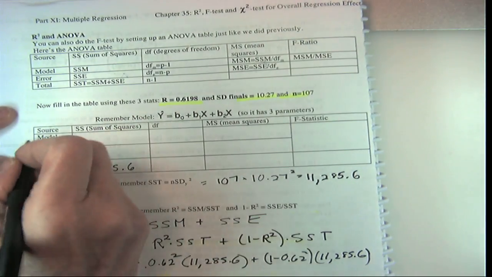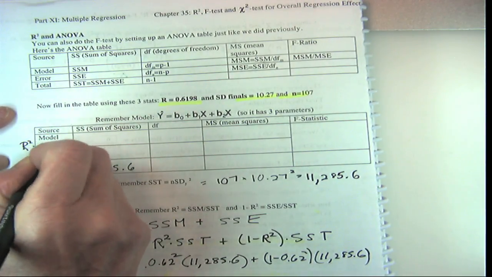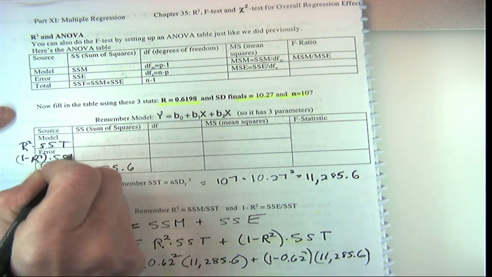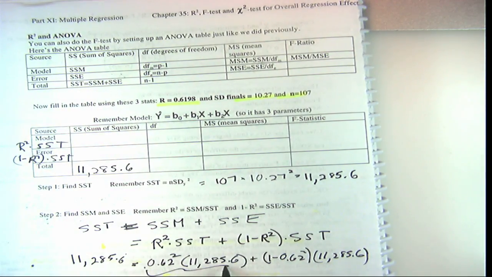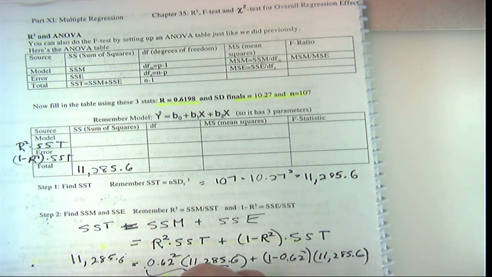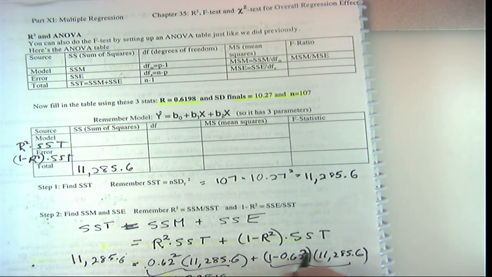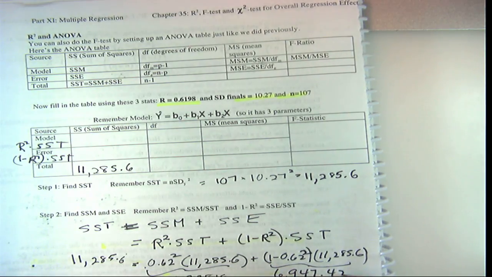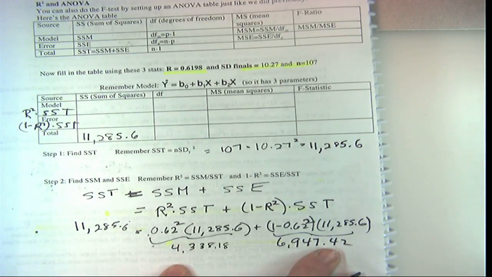So all I'm doing is saying r squared times SST and 1 minus r squared times SST. So when we did this, what did I get? I got this is 4,338.18, and this is 6,947.42. And that's what goes in here.